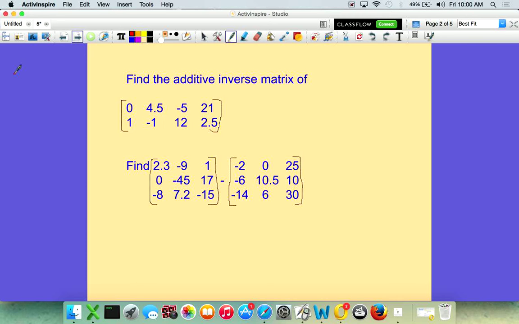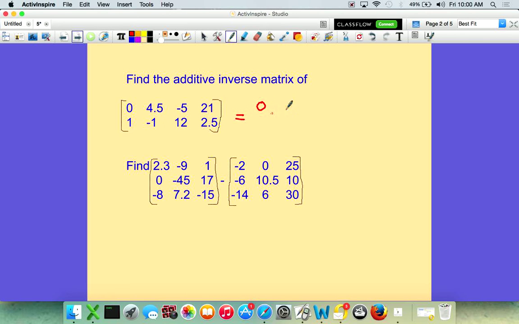Alright, now we can do lots of things with matrices. We can find what's called the additive inverse of that matrix. And just like what we talked about in a previous lesson, the additive inverse is our original number plus another number has to equal 0. So the additive inverse, remember all that means for all of these is we just gotta switch the signs.